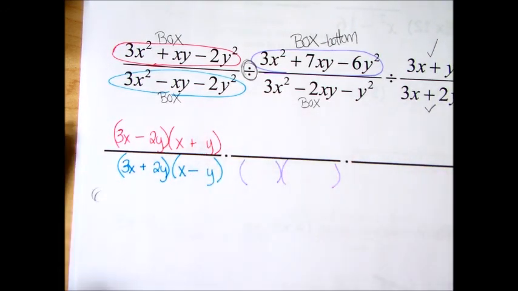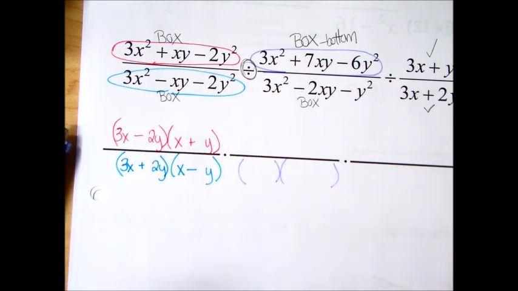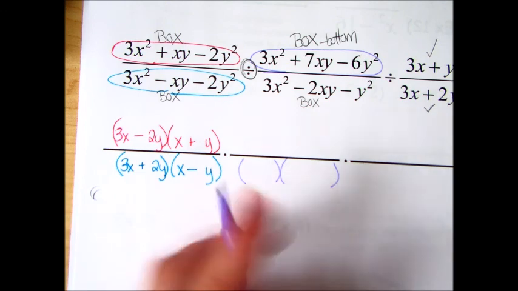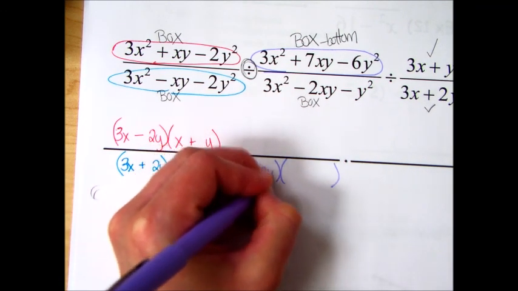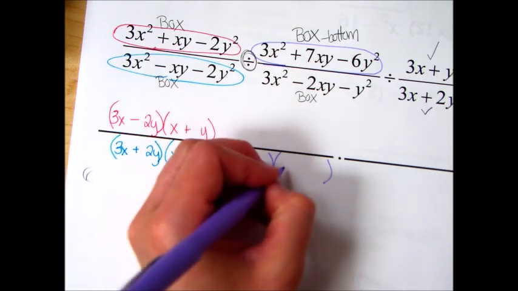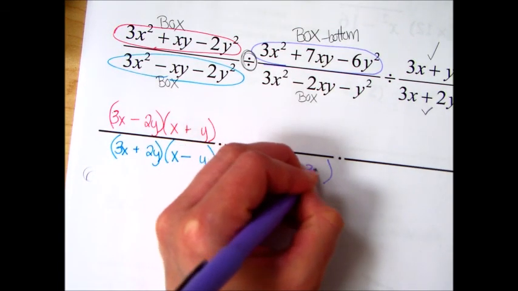I will suggest again that you pause the video and try it on your own. When you factor this one, you should get 3x minus 2y and x plus 3y.